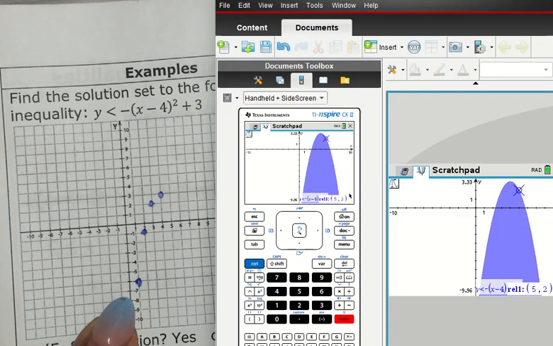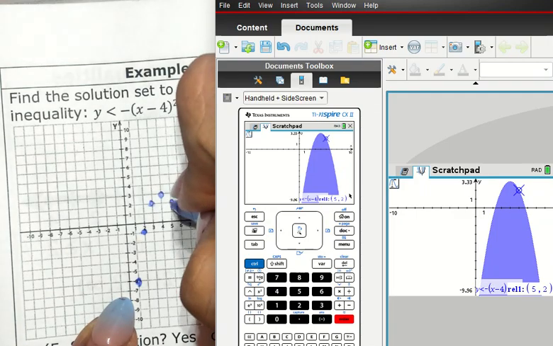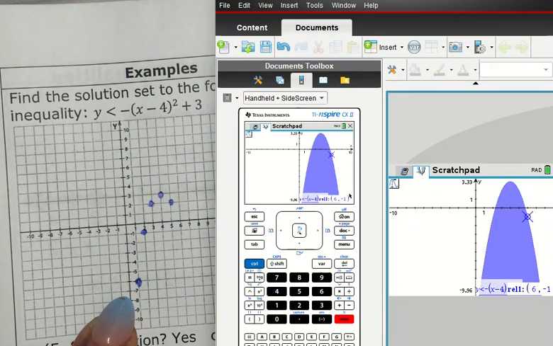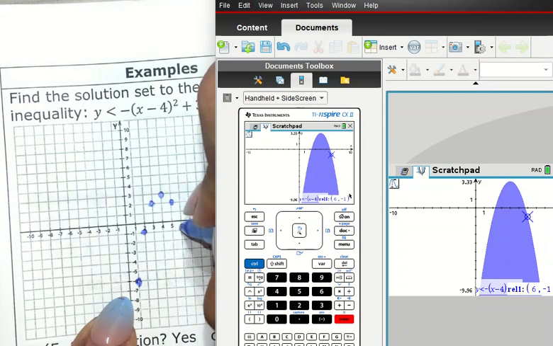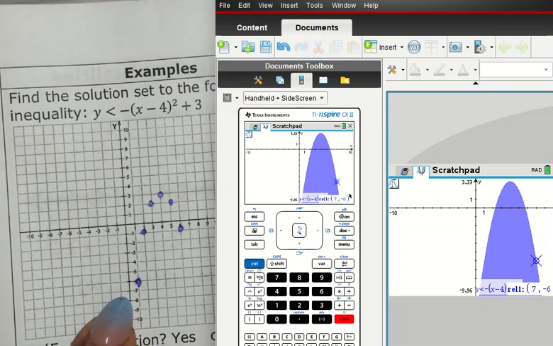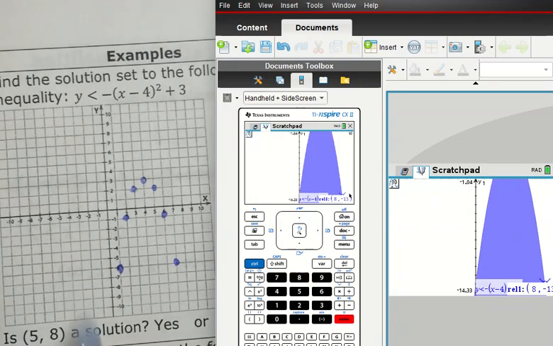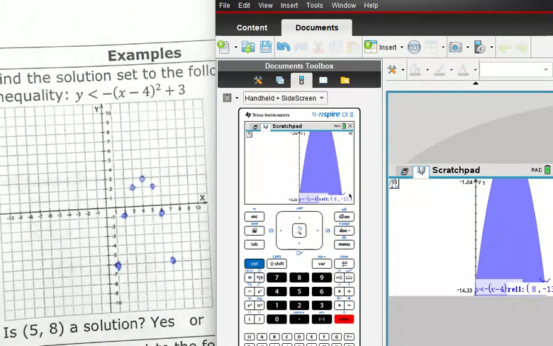Then plotting the points on the grid given: 6, -1, and 7, -6. And 8 is too far below, so we'll leave it at that.